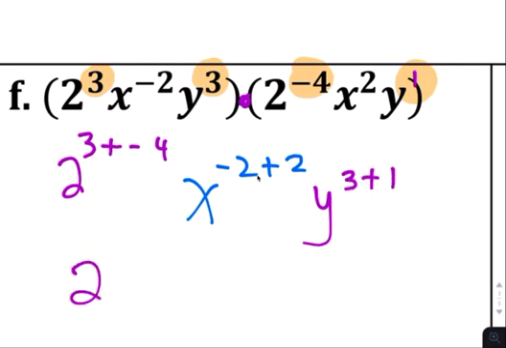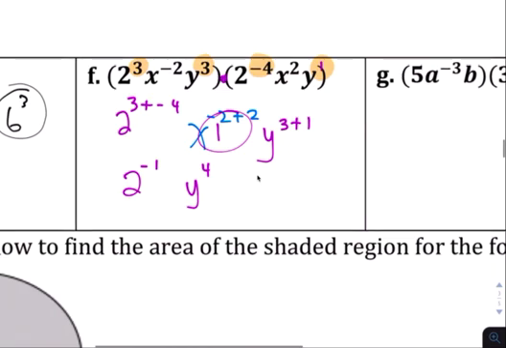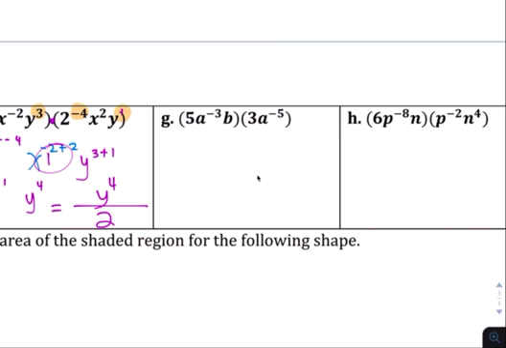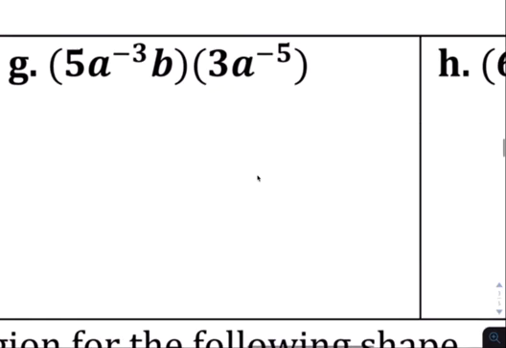So 2 to the negative 1, x to the 0, oh, anything to the 0 power is 1, and 1 times whatever number is itself, and y to the 4th power. So your answer is a fraction, 2 to the 1 goes to the bottom, and y to the 4th on top. Okay, G, multiply these two together, you get 15.